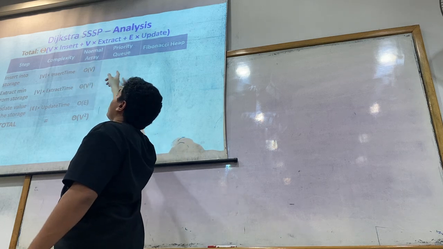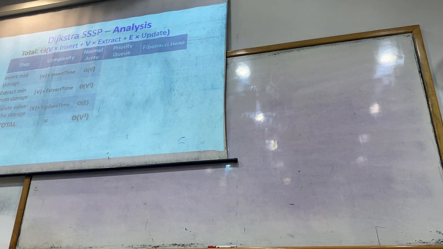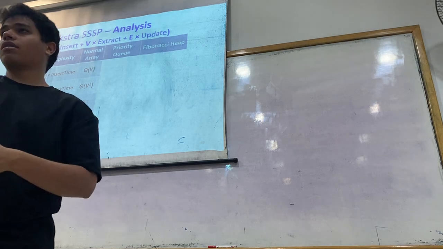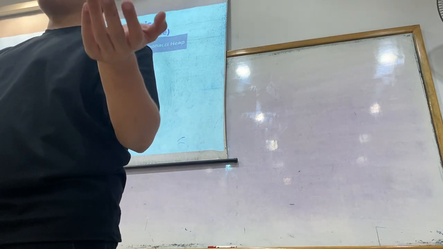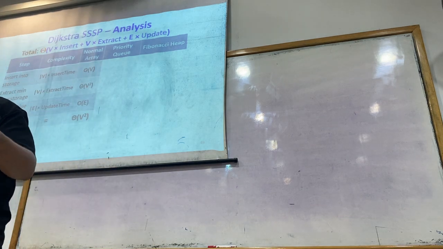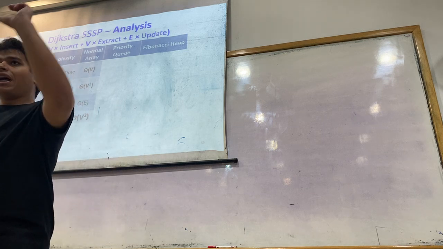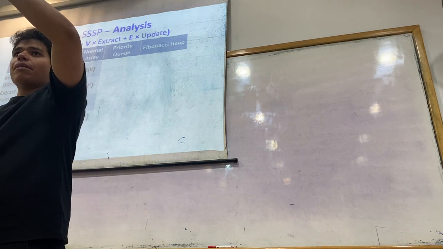Okay, you have any question till now? What about the second one, the priority queue? Insert, delete, update, and extract minimum: all of these operations are log V, because it uses something called a maximum heap or minimum heap. If we imagine the minimum heap, it is a data structure that specifies that at the root it must be the minimum value.